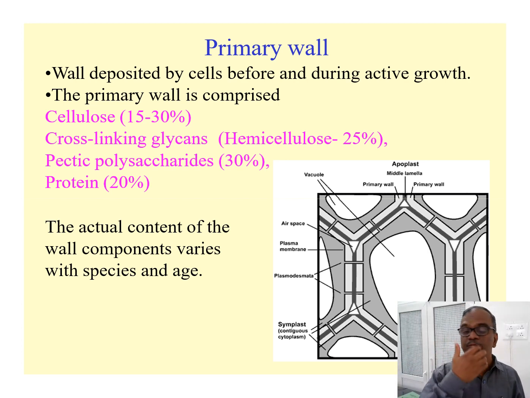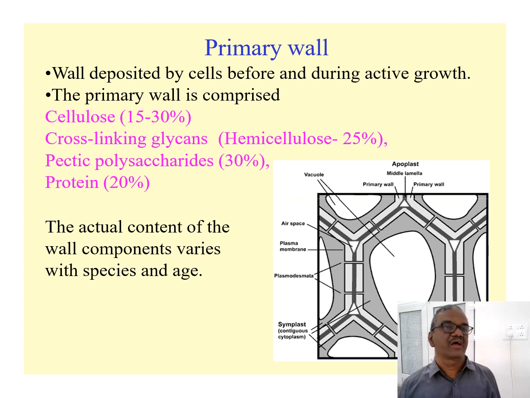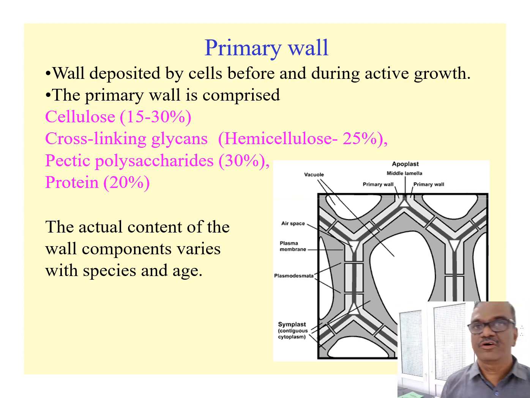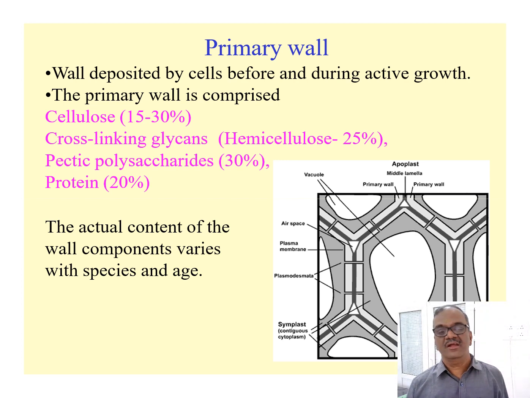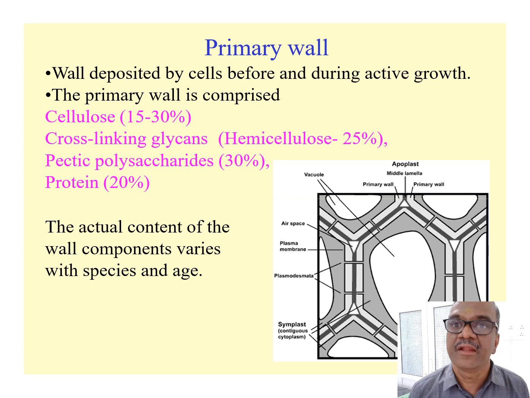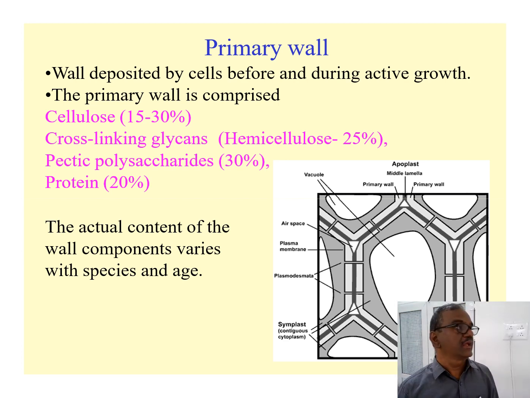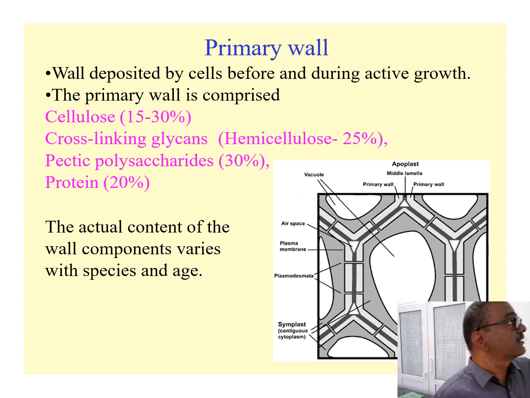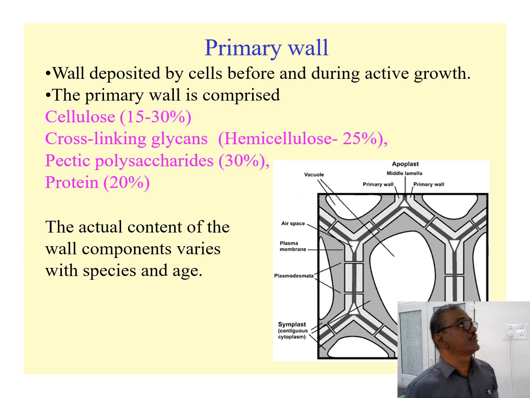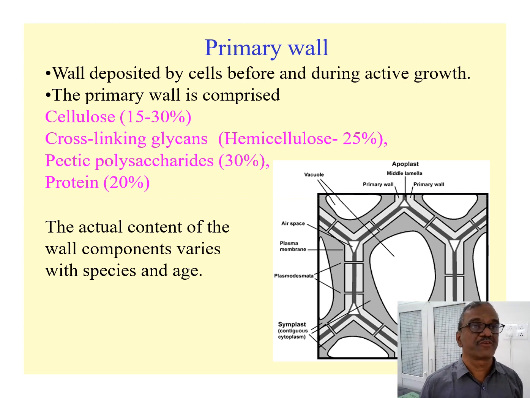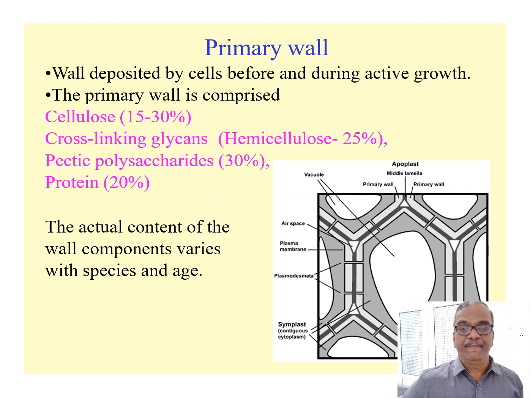All the four are present in the primary cell wall. And that content may vary with the various type of plants and age also, because depending upon the deposition it may vary.